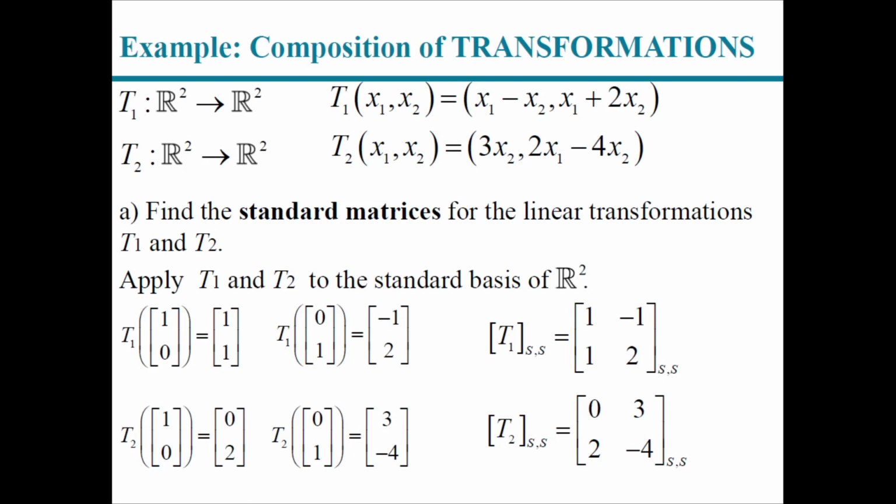That's easy because we apply each transformation to the standard basis vectors from R2, and we get the images, and then we put these consecutive images in consecutive columns, and this is our standard matrix associated with the linear transformation T1. Similarly for T2, we get the images and we put them in consecutive columns, and we get the standard matrix associated with the linear transformation T2.